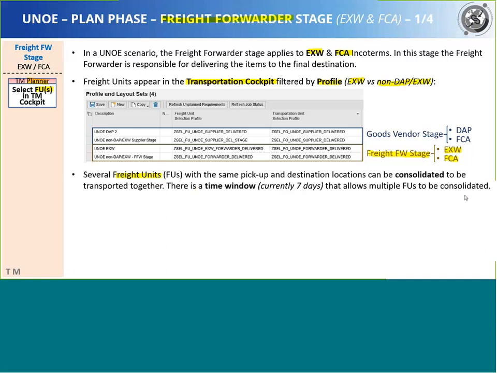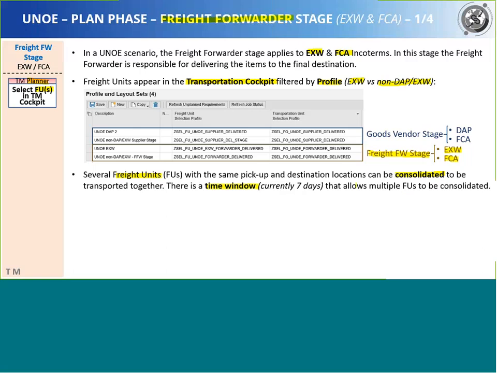And the system will allow us to consolidate freight units with the same pickup and destination locations and in a time window of 7 days, meaning that if the pickup date for several freight units is less than 7 days apart, the system will allow us to combine those freight units in the same shipment so that we can ship multiple freight units in the same route and on the same dates.